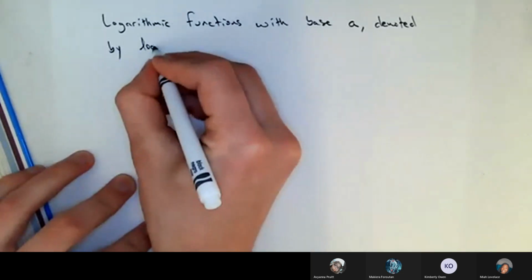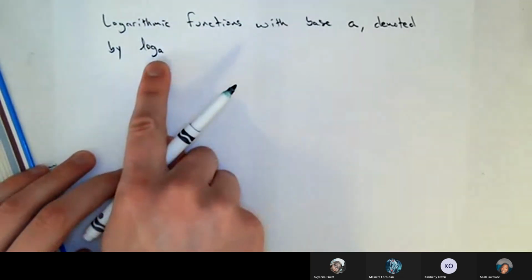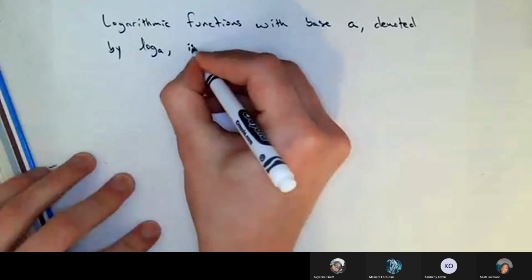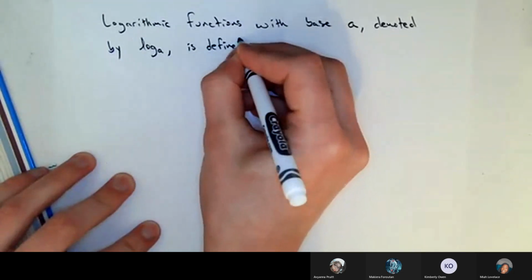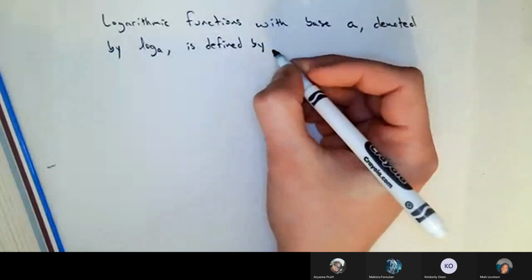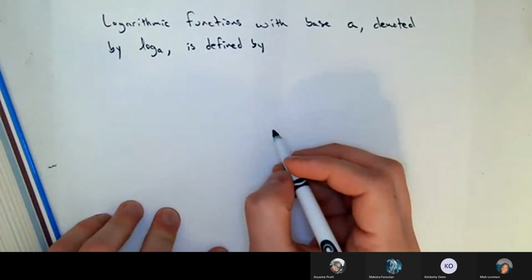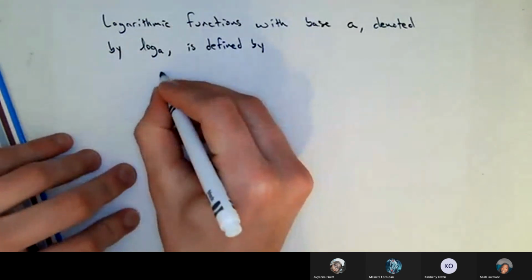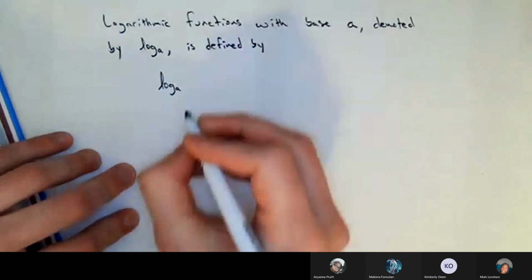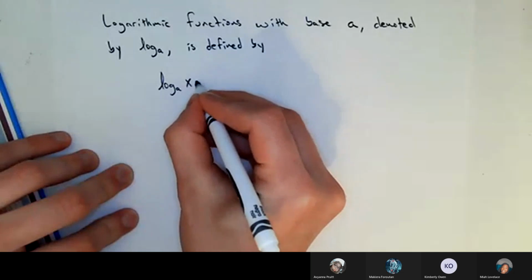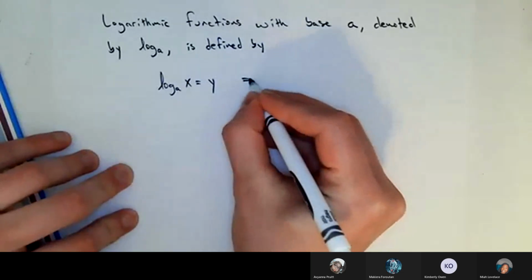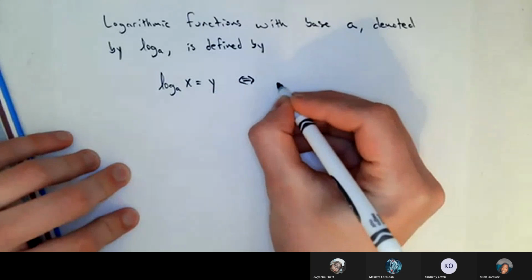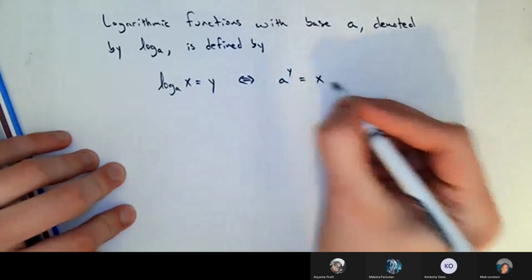For base a, the logarithm, denoted by log with a little a subscript, is defined by: log sub a of x equals y if and only if a to the y is equal to x.